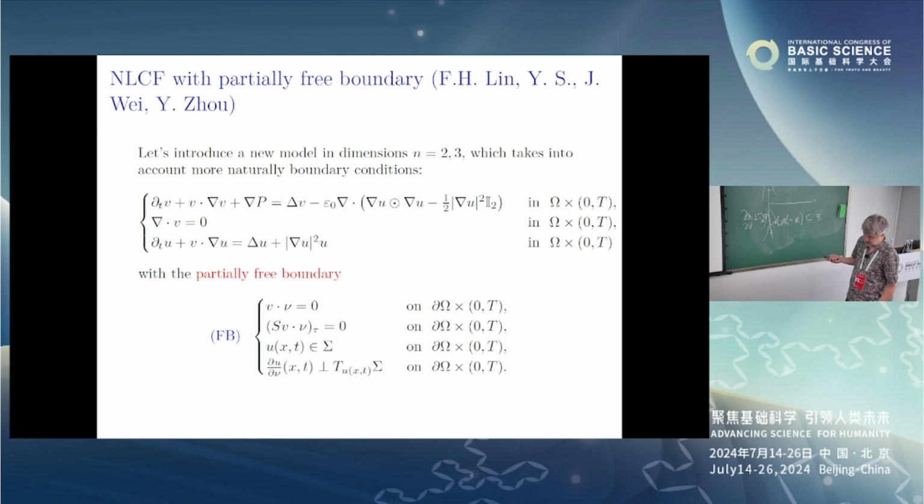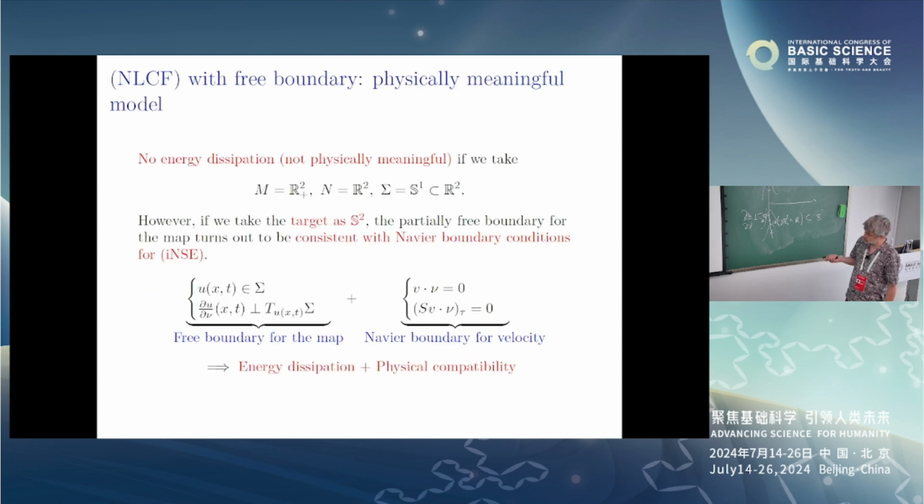When you try to derive a PDE that is physically meaningful, you want to prove that at some point it dissipates energy, right? Of course, you have another formulation that you could consider for the boundary case.